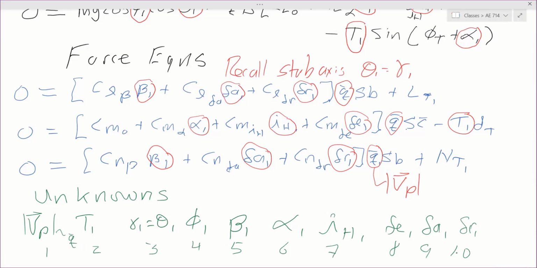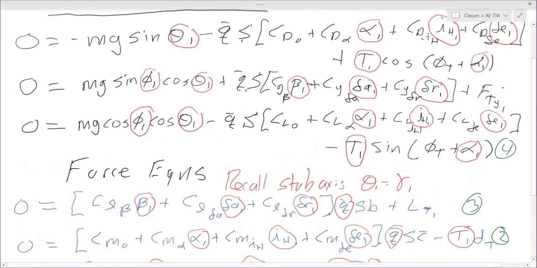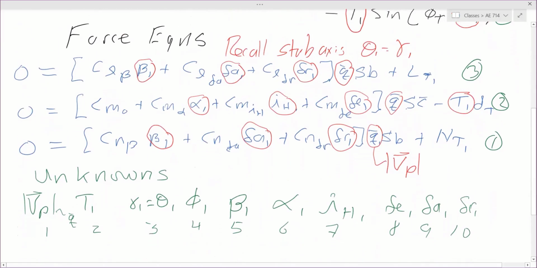How many equations? 1, 2, 3, 4, 5, 6. So we all know it's algebraic, pretty much. So we know that if we have 10 unknowns and 6 equations, we got a problem, right? So that means we're going to have to specify or choose some of these so that we can solve for the rest of the unknowns.